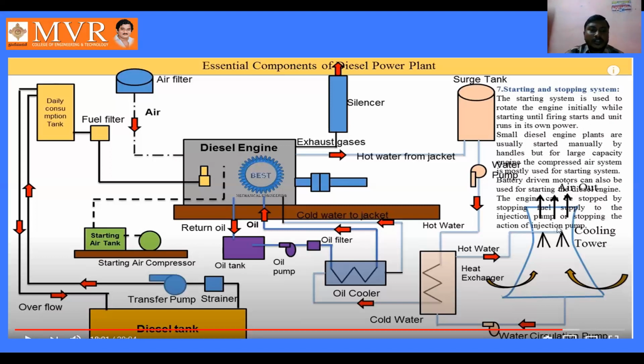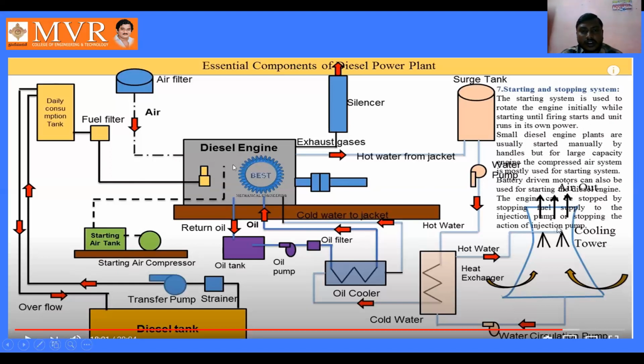For stopping the engine, we stop the fuel injector, which means we stop the diesel that enters the fuel injector. So the engine can be stopped by stopping the supply of fuel to the fuel injector, and it automatically stops the engine.